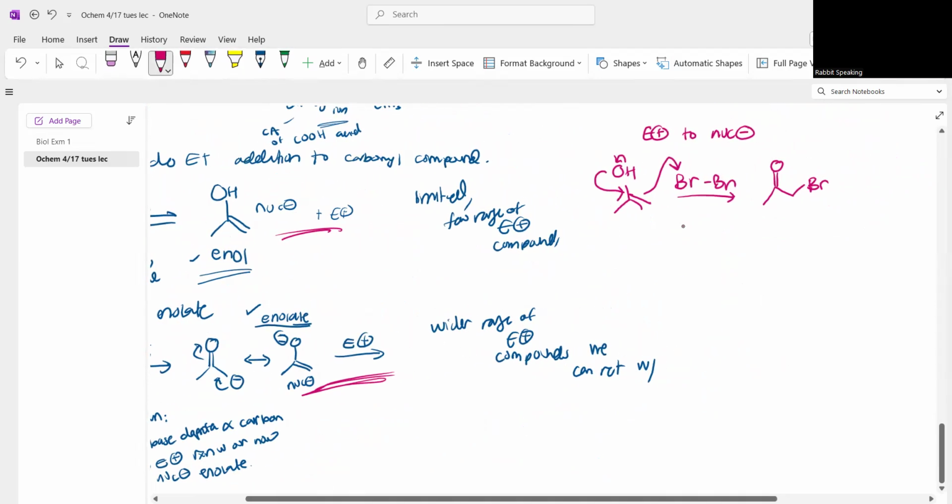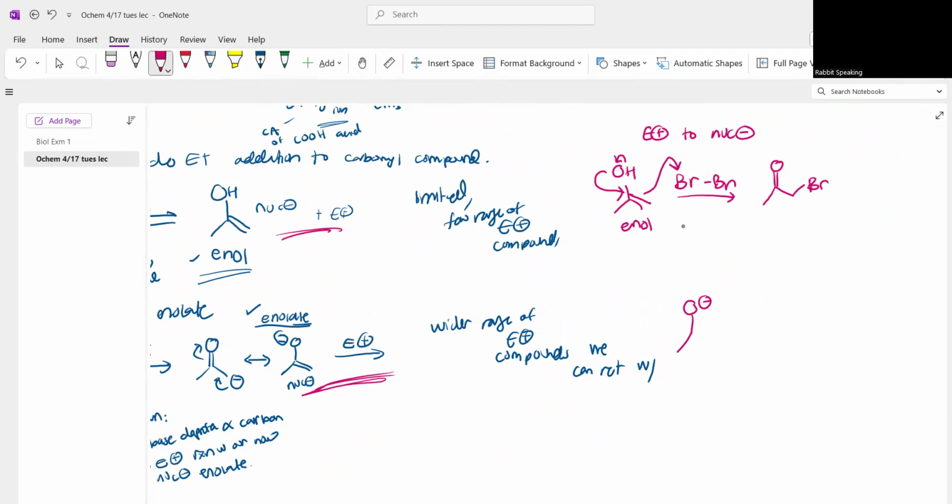So this was our enol over here. Here we're going to have an enolate. The thing about the enolate, which is important, is that our enolate has two resonance forms.